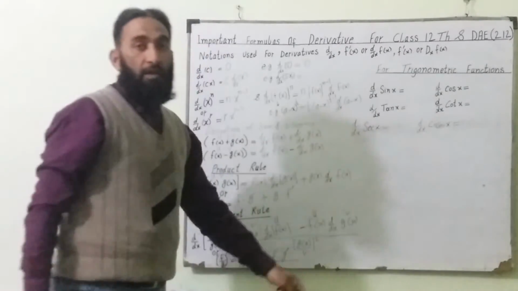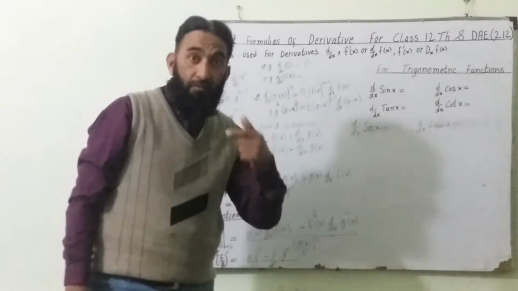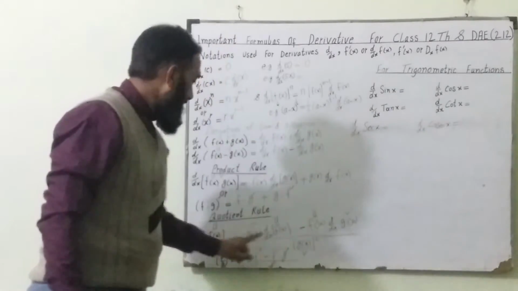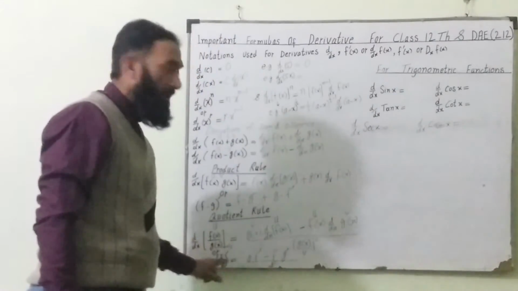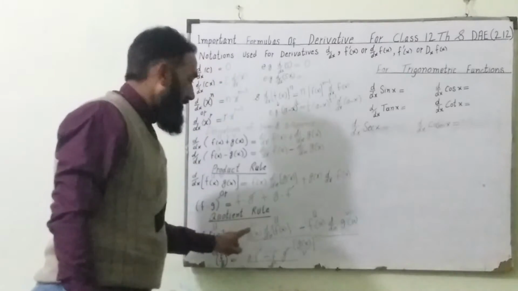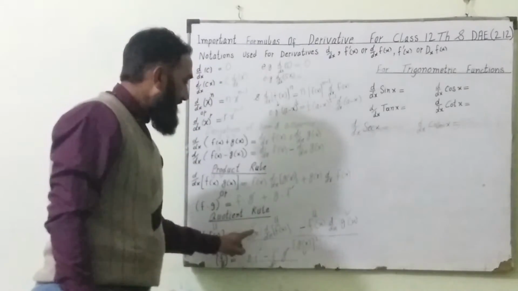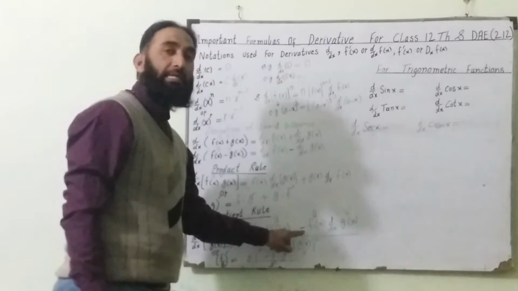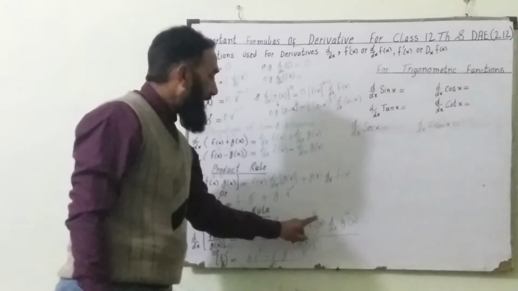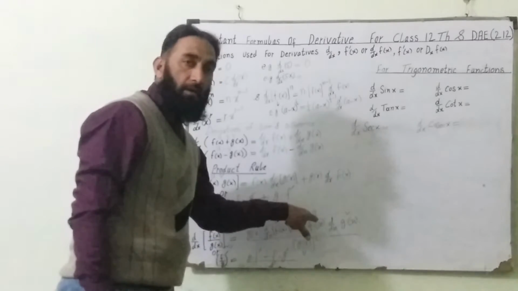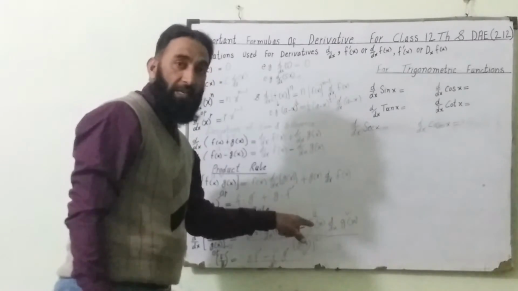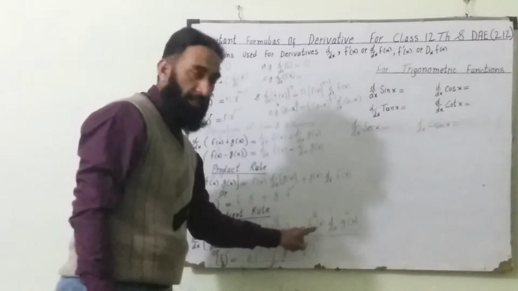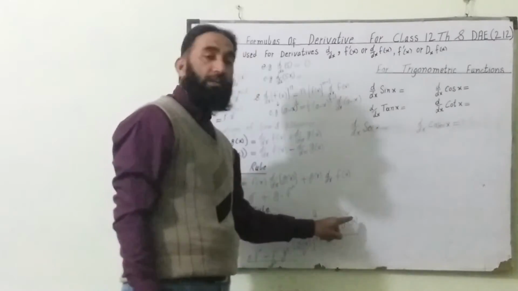It means in the language of u upon v, we can write this formula: v square, v is as it is, and the derivative of u minus, and after this minus, u is as it is, and the derivative of the v.